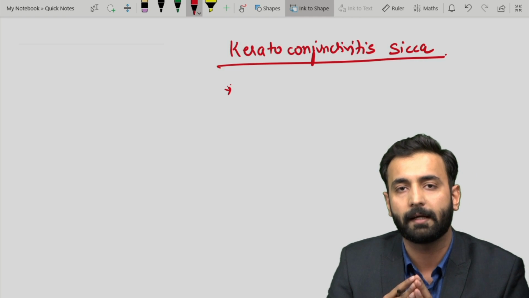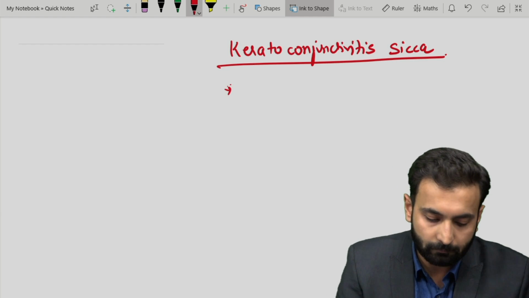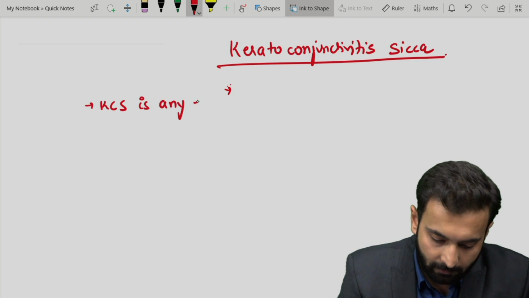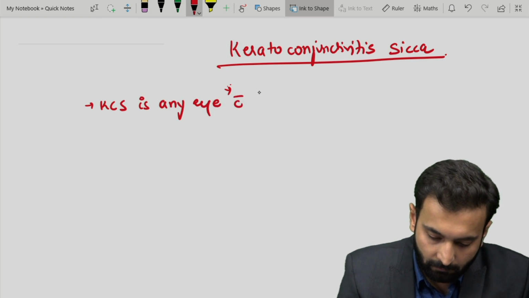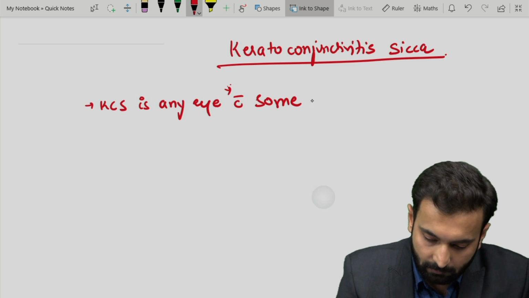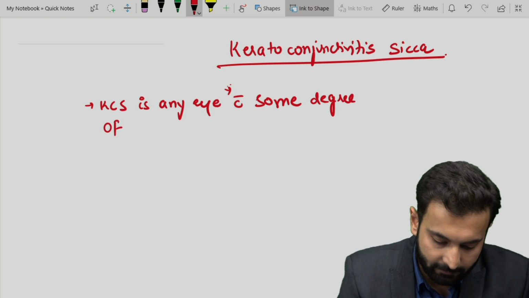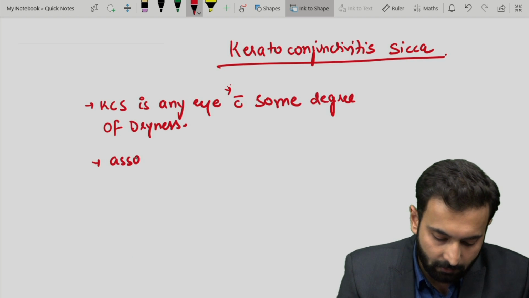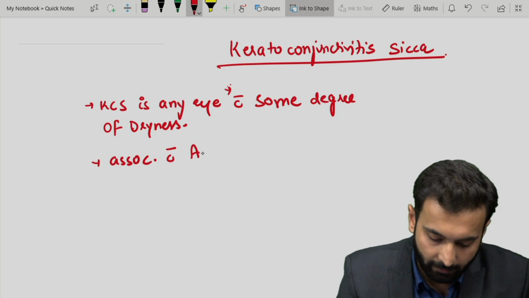You should keep in mind that it is associated with aqueous tear deficiency.